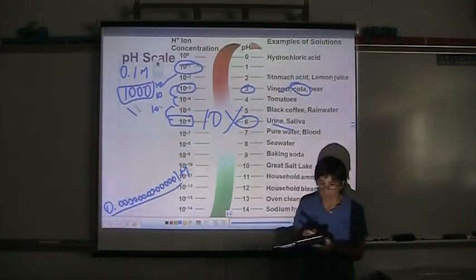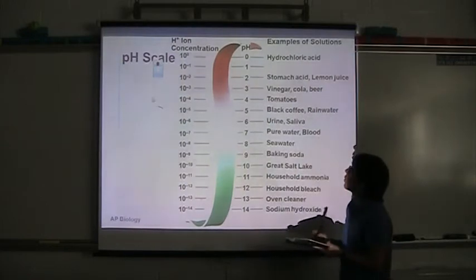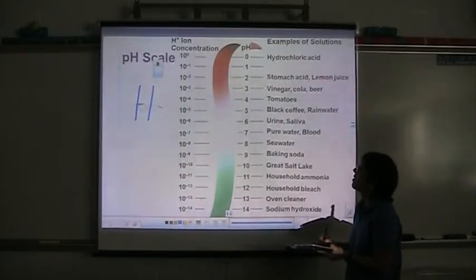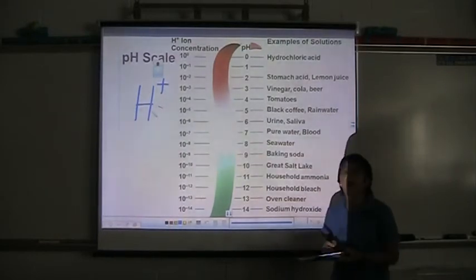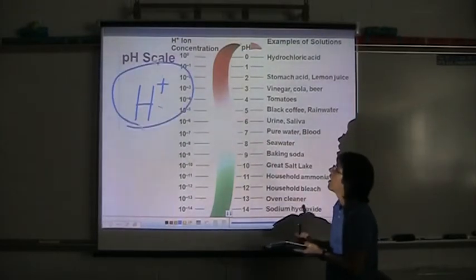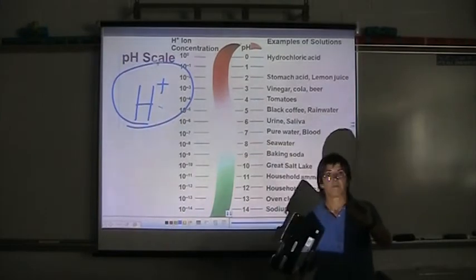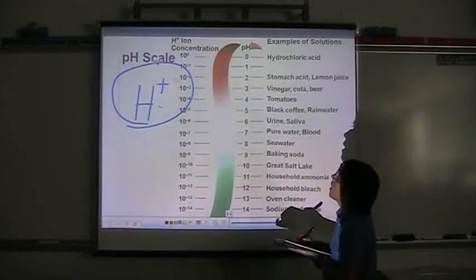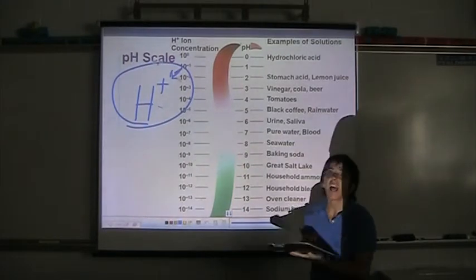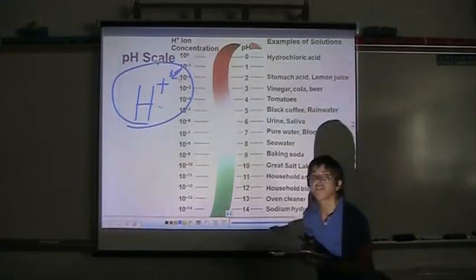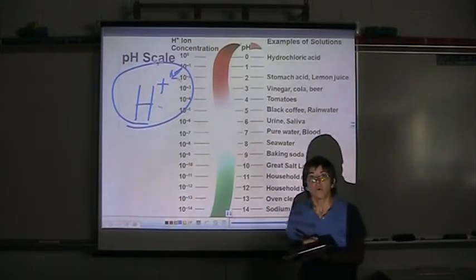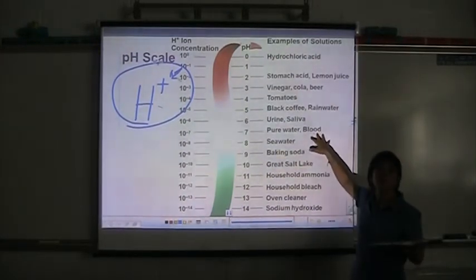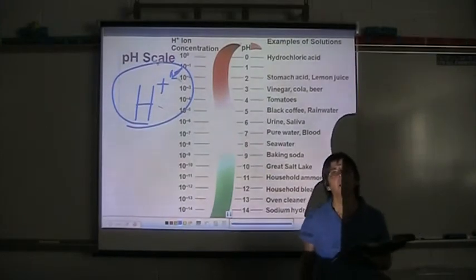You will need to understand pH. And remember, what is pH really? It is the concentration of hydrogen ions in a solution. And notice, it's a hydrogen ion, and it has what? A charge. Now, what's the pH of most living things? Look over here, blood. Inside we are pH 7.